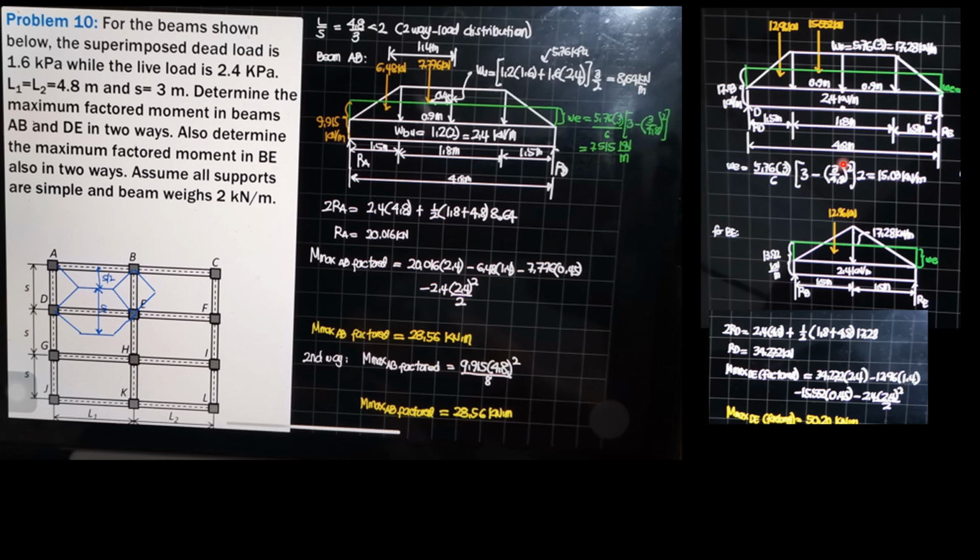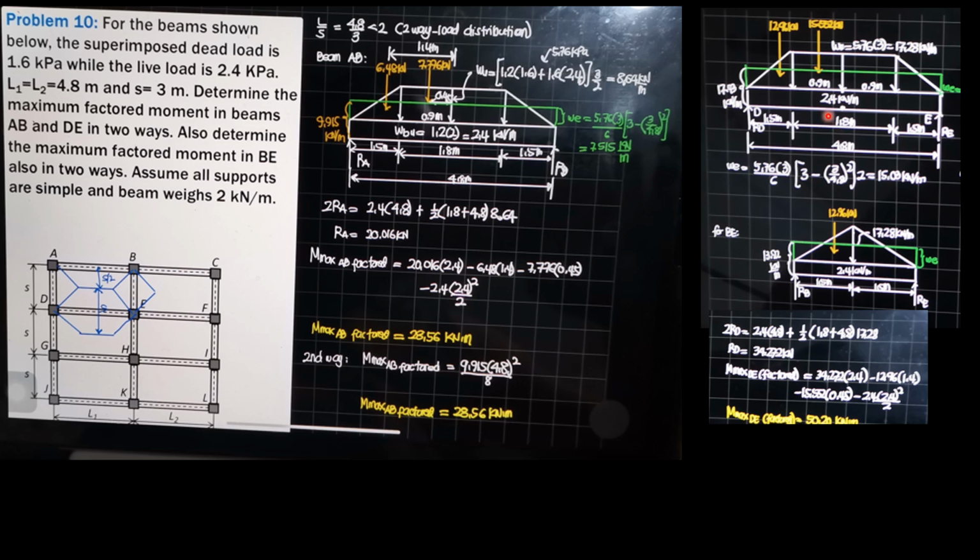For the equivalent loading, WE, this WE is equal to PU 5.76 S3 over 6 quantity 3 minus S over L square. This time we multiply by 2 because DE is an interior beam. So it is 15.03 kilonewtons per meter. That's factored also.